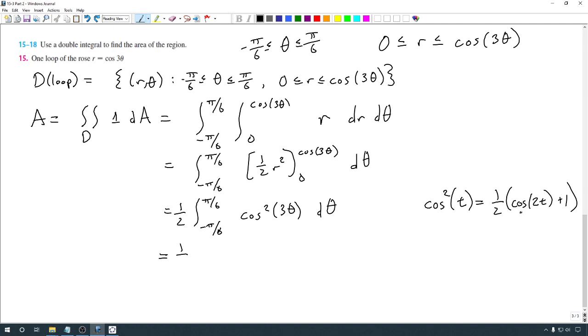I'm going to replace cosine squared of 3 theta, using the 3 theta in here for t, but I'll go ahead and pull out that 1/2. So we'll have a 1/4 integral from negative pi over 6 to pi over 6 of cosine of 6 theta plus 1.